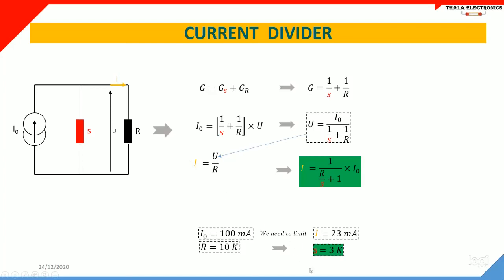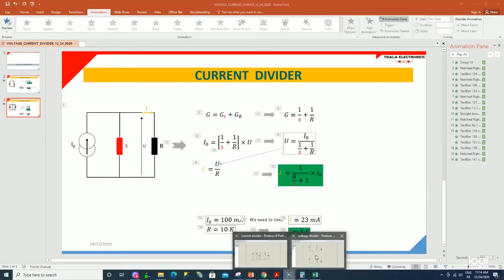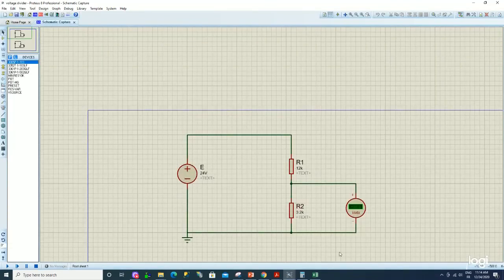Now let's go to the simulation side, where here is just a small circuit on which I want to demonstrate the voltage divider circuit. I have here my source, which is fixed to 24 volts, and our resistances R1 and R2.